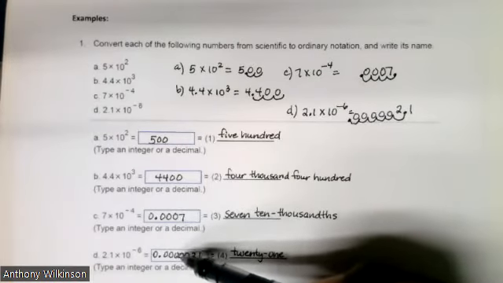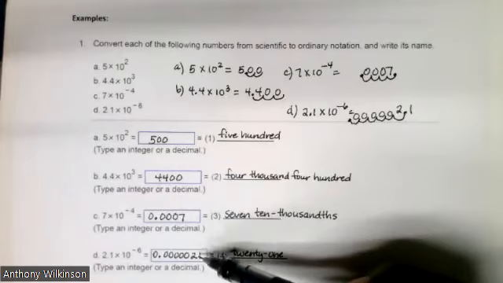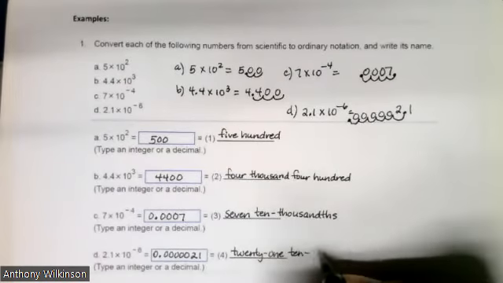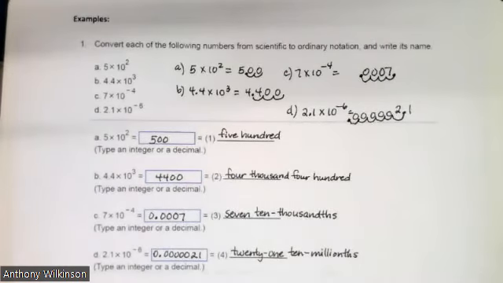So this will be tenths, hundredths, thousandths, ten-thousandths, hundred-thousandths, millionths, ten-millionths. Okay.